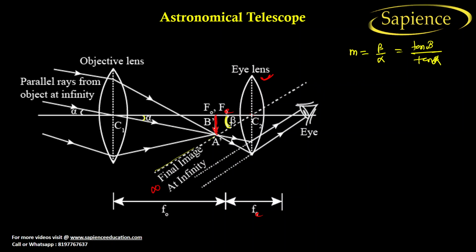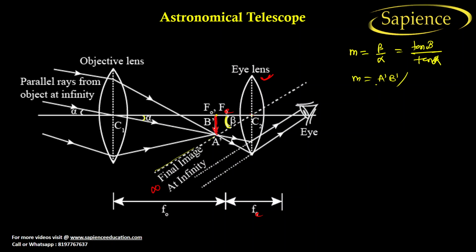Tan beta is equal to perpendicular by base, so that is a dash b dash divided by C2B.